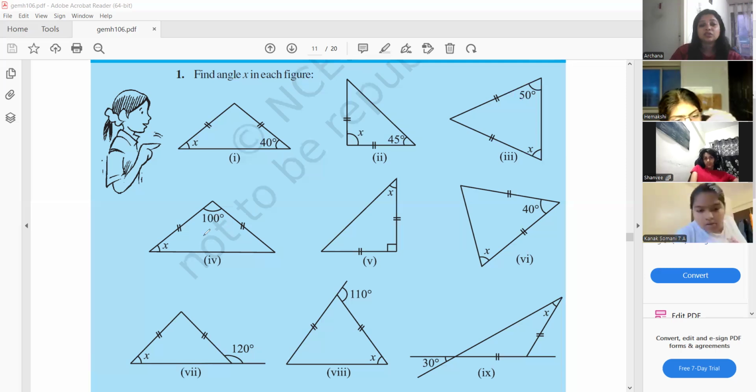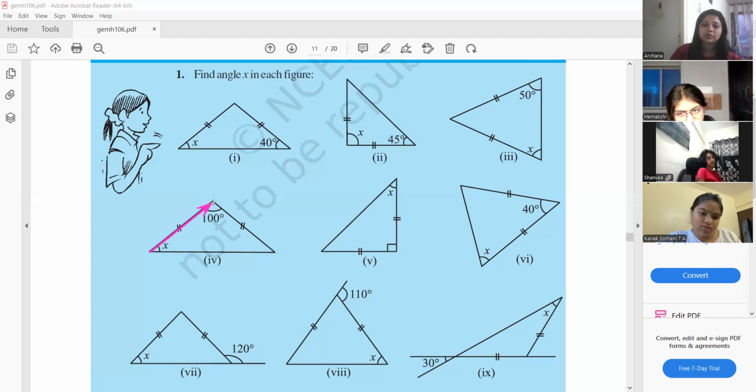Okay, Kanak, this is your chance. Now, tell me the measure of this angle. From this given figure, first you find out which are the two angles which are equal in measure. See, this is the side.